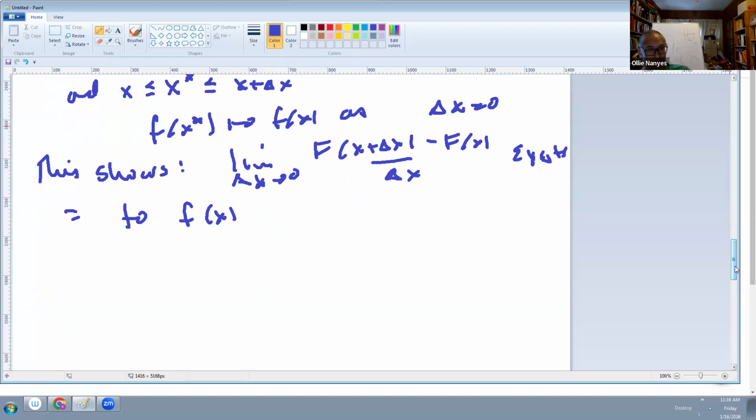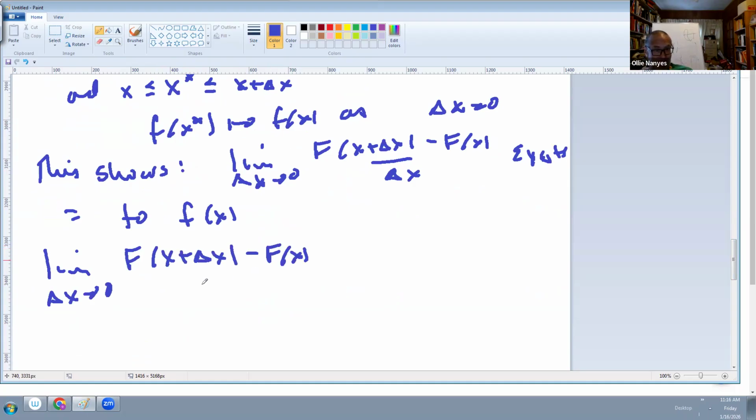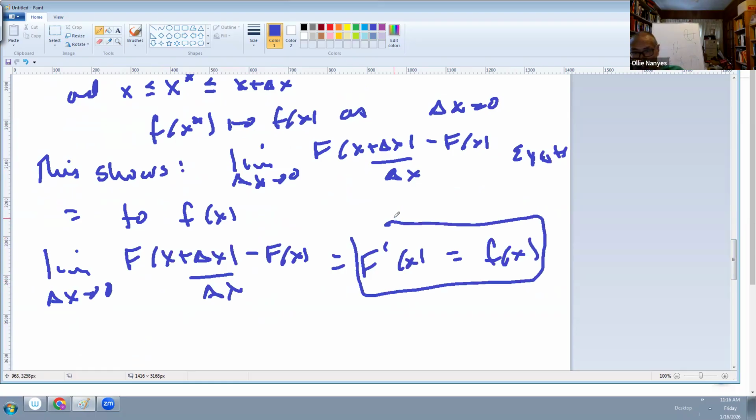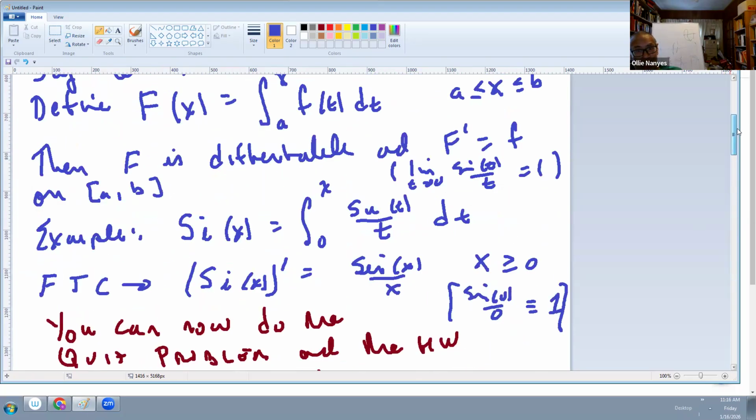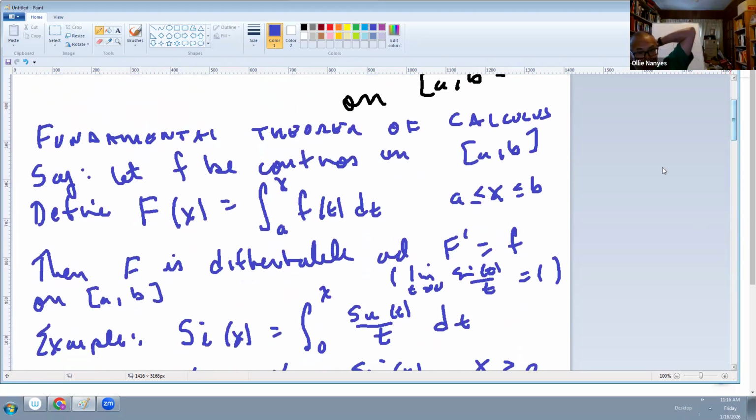Therefore, by definition, we just showed that that limit exists. That's equal to F prime of x, which is also equal to little f of x, which is what we wanted to show. So in fact, that's a hand-wavy proof that if we define F this way for a continuous function, its derivative is f. That is, big F is in fact an antiderivative for little f.